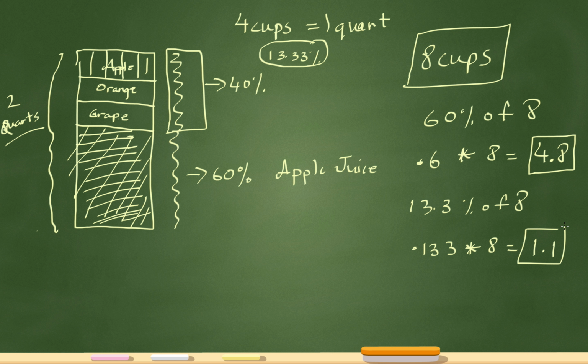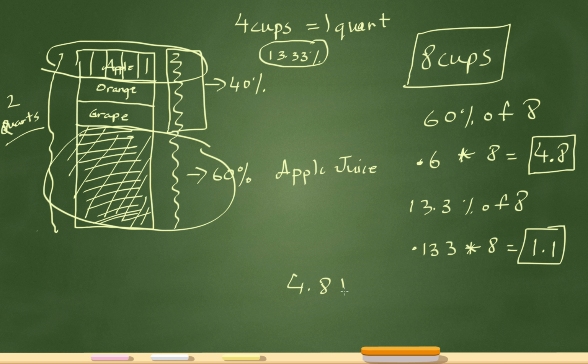So 1.1 cups over here. Now I had 4.8 over here. I have 1.1 cups of apple juice over here. So in total I'll have 4.8 plus 1.1, which will equal 5.9 cups. Answer choice C.